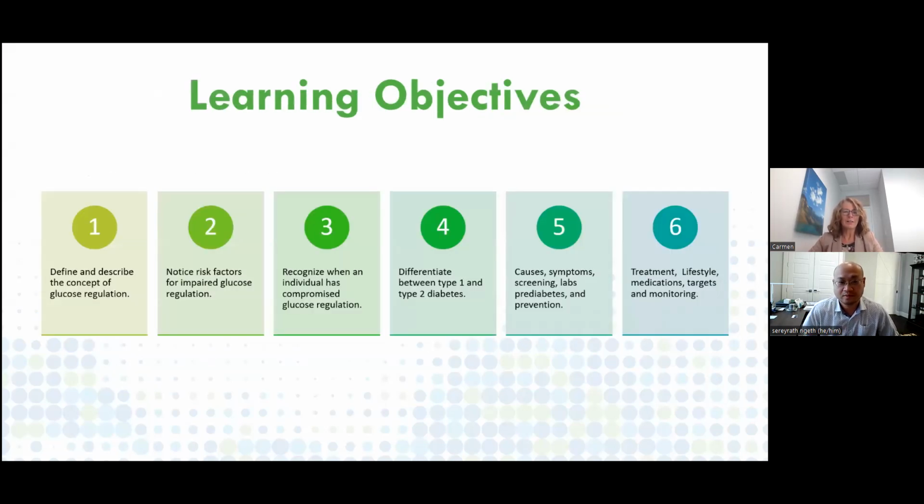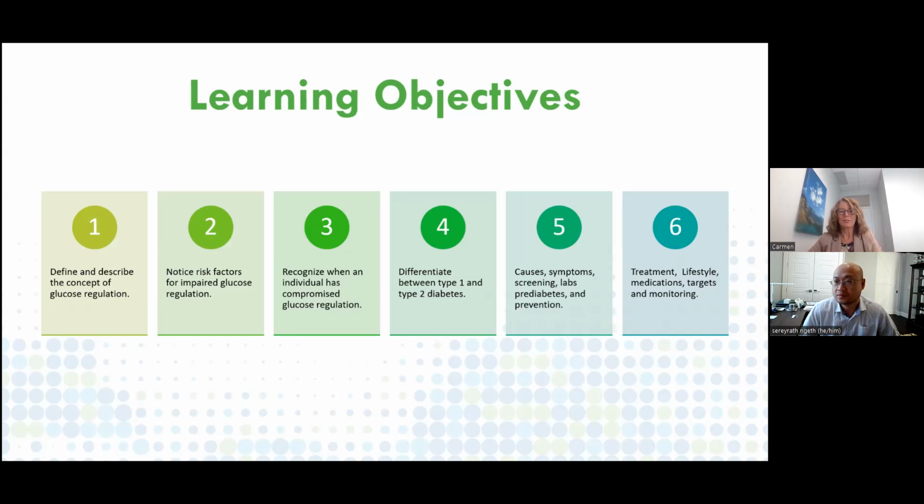Here are our learning objectives. First of all, we want to describe the concept of glucose regulation, and then notice risk factors for impaired glucose regulation.